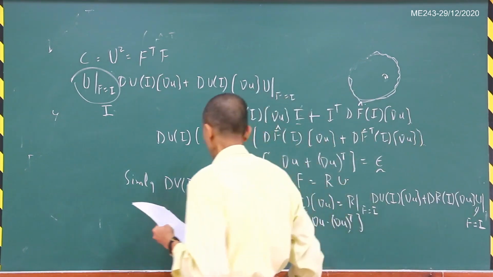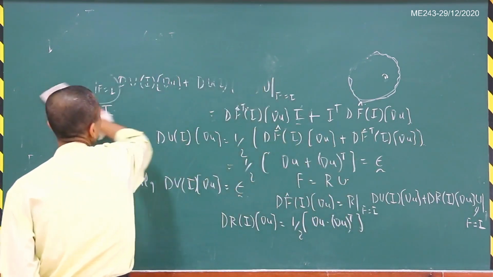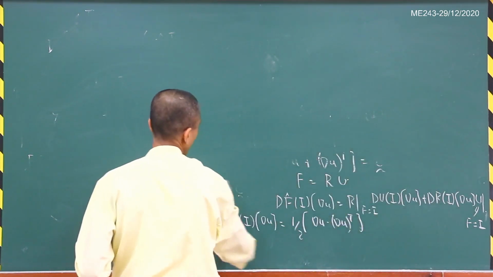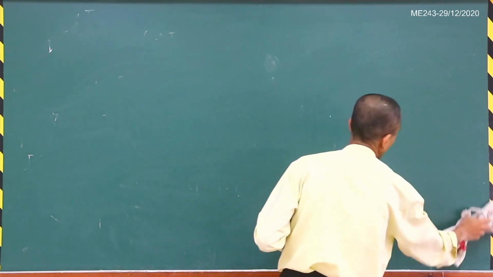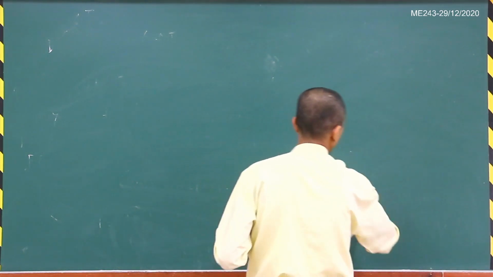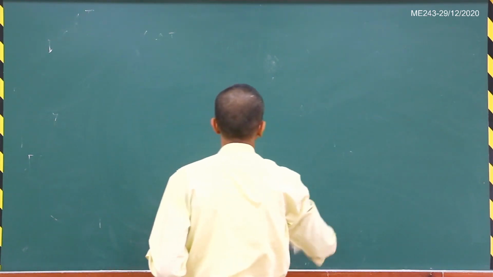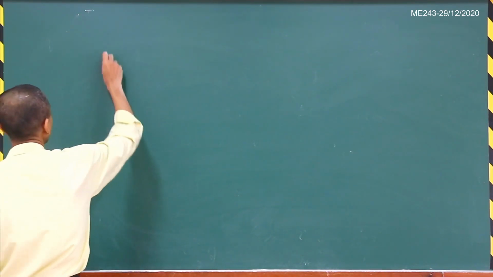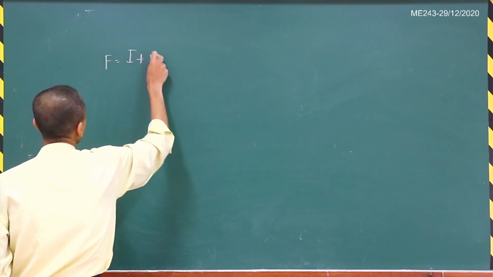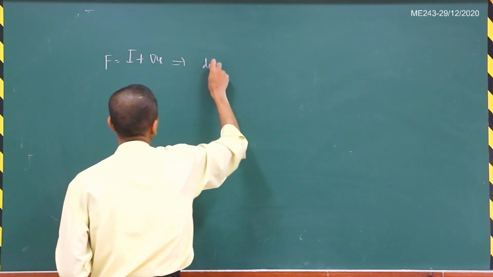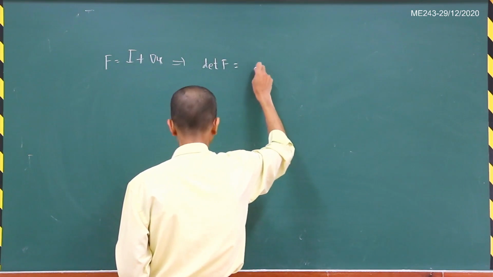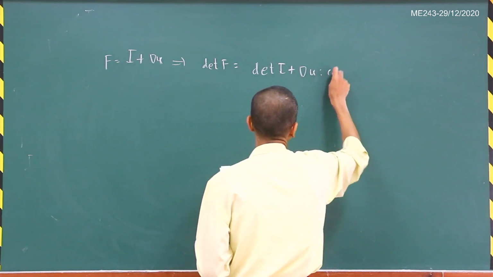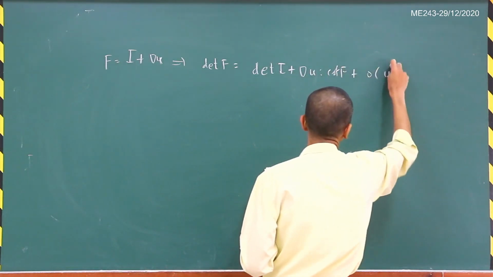Let us look at the linearization of det F. We have F again equal to I + ∇u. So this implies that det F is equal to det of I plus ∇u times the cofactor of F, plus order of u terms.